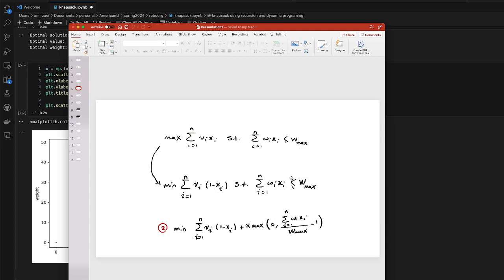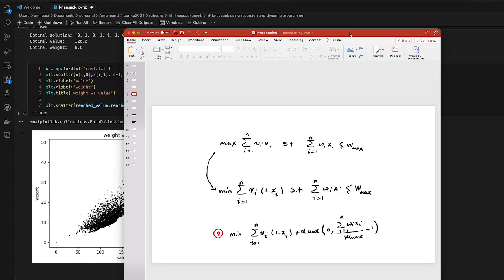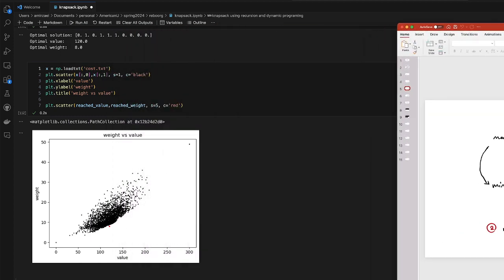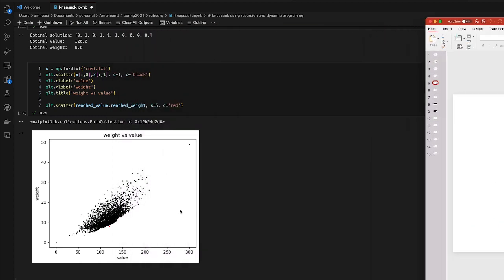That's why we were able to add them together: this was an objective, this was a constraint, but we normalized it and added them together. So we add the constraint to the objective function, and we can say we have two objectives. One we want to maximize, the other we want to minimize. We want to maximize the value, correct?